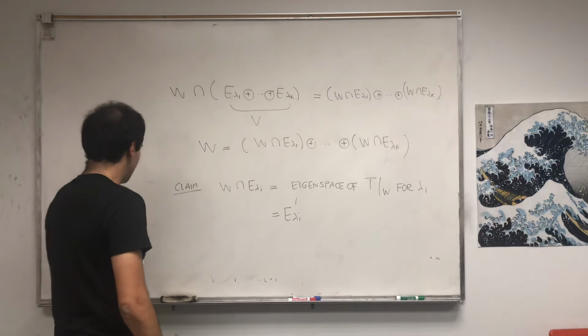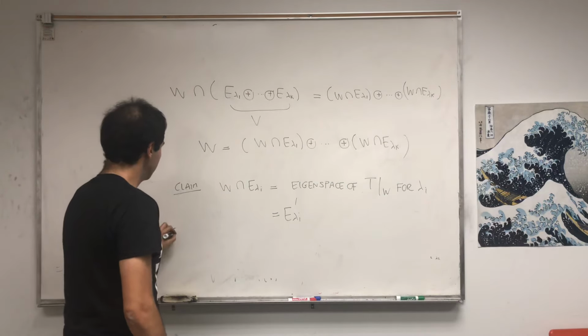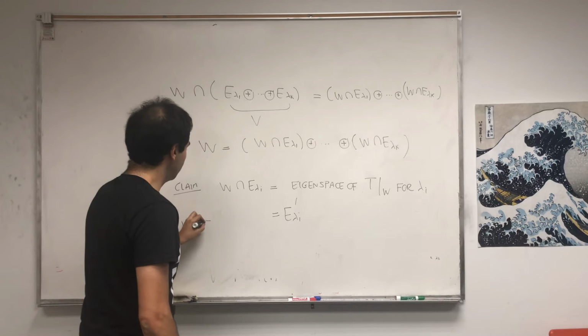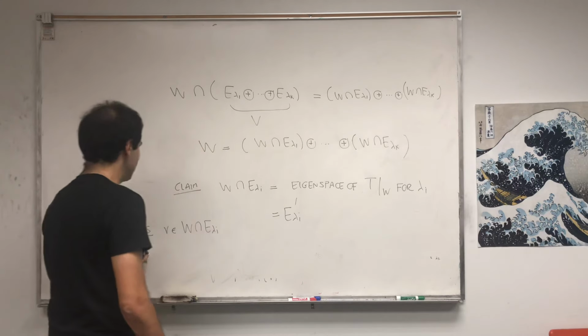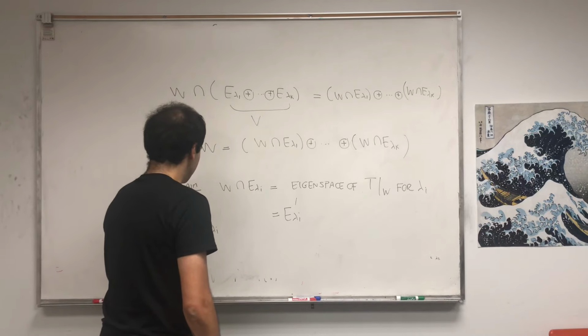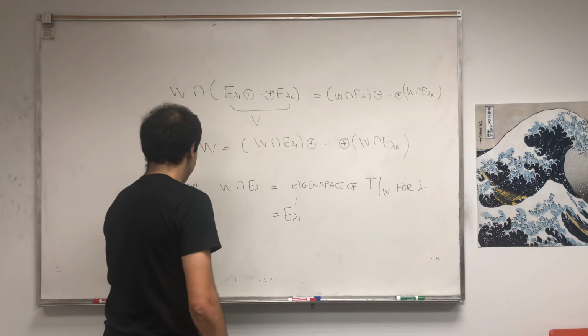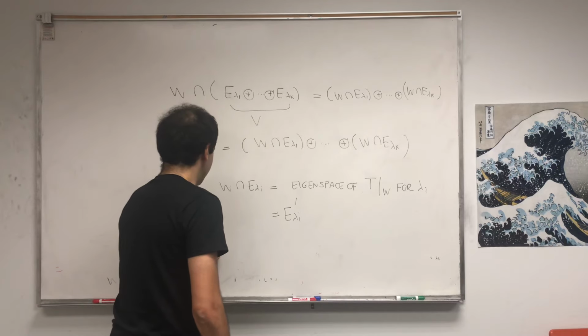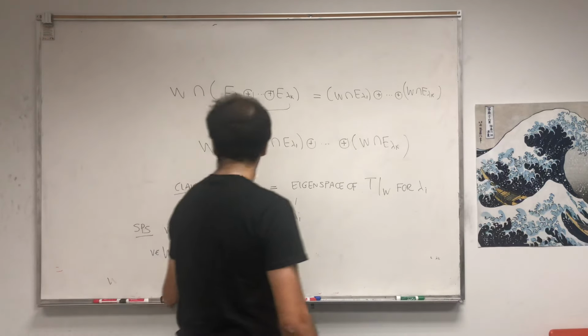Suppose V is in W intersect E of lambda i, then V is in W, and T of V equals lambda i V. But then what about the restriction?